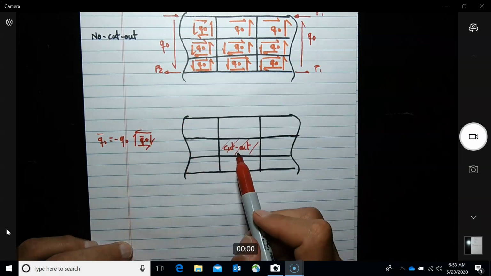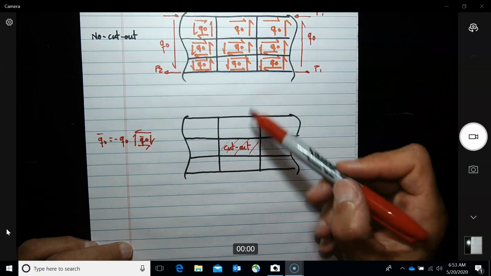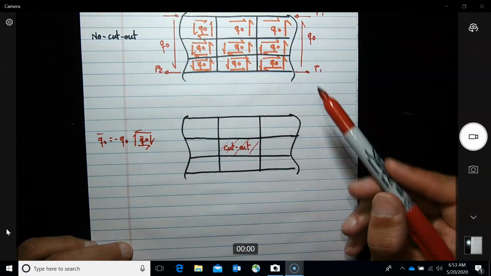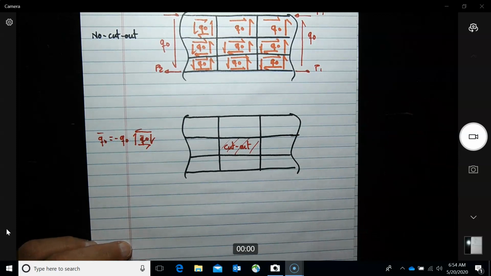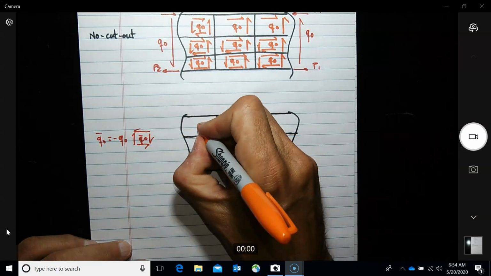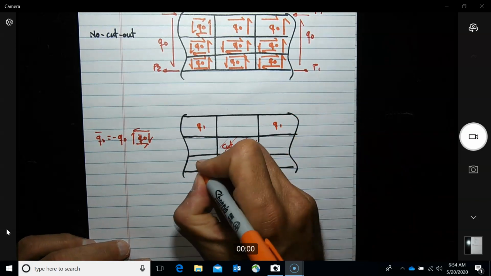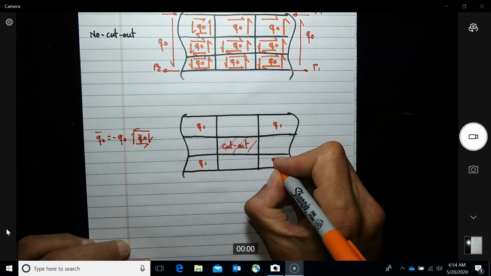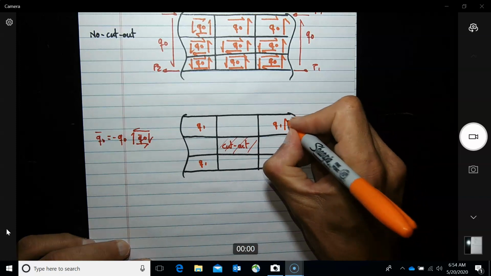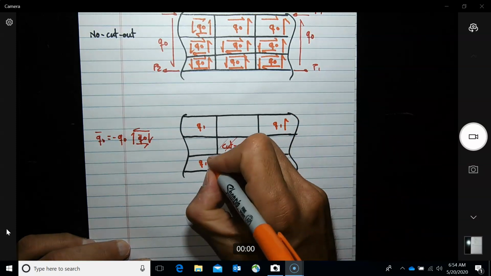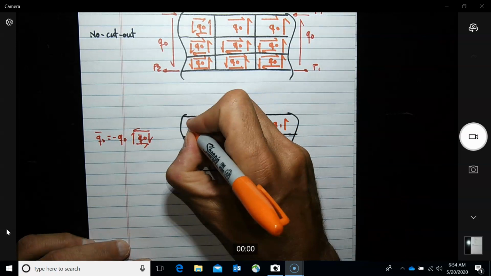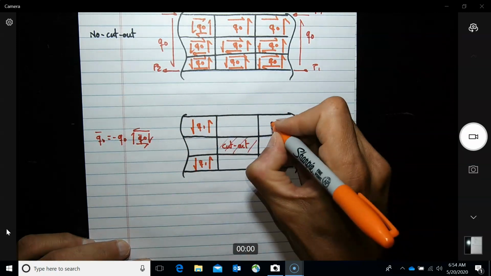And this one you put over here, so this one will be 0, and then on this side we're going to have Q sub 1, Q sub 1, Q sub 1, Q sub 1, by symmetry.